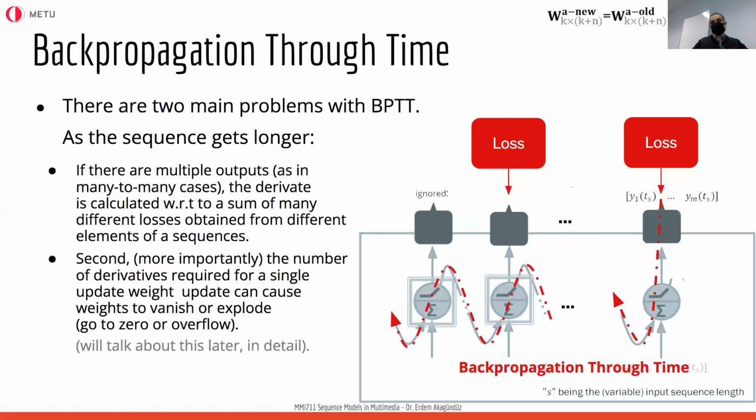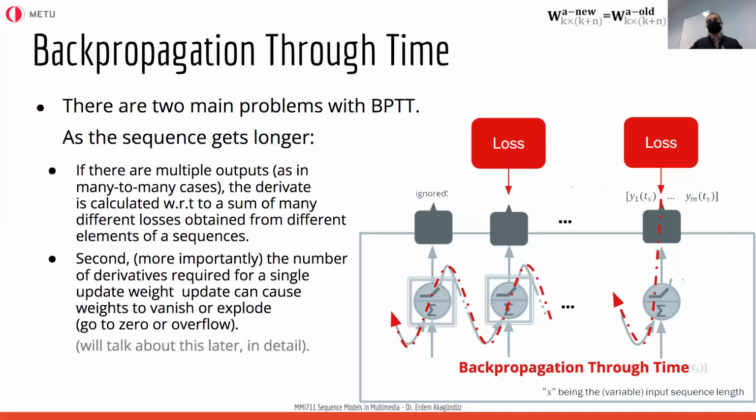A more important problem is that the number of derivatives required for a single weight update can cause weights to vanish or explode when you're backpropagating. So you're updating over and over again, and you're writing over them. But maybe the weights are evolving that way, and maybe the system can handle that.